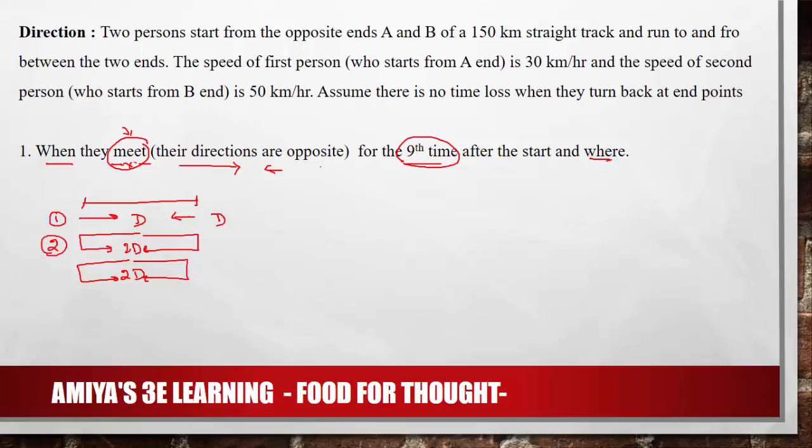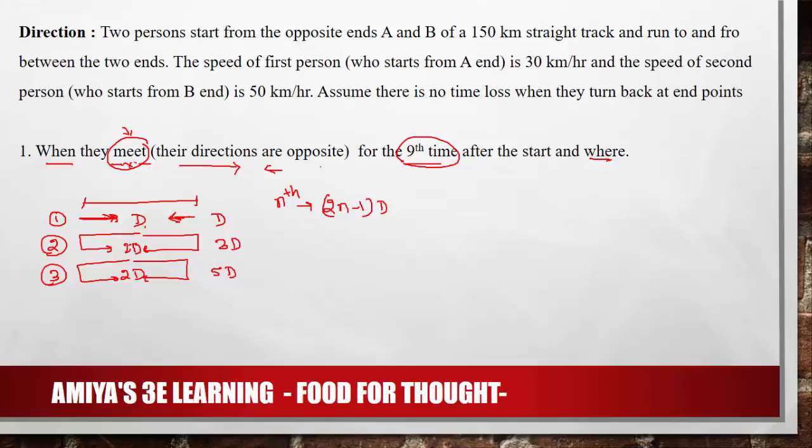In the second meeting, the total distance traveled is 2d plus d, which is 3d. In the third meeting, it is 2d plus 3d, which is 5d, when they start from the opposite ends. So we can say in the nth meeting, the total distance traveled by both parties is (2n minus 1)d, where d is the length of the track.